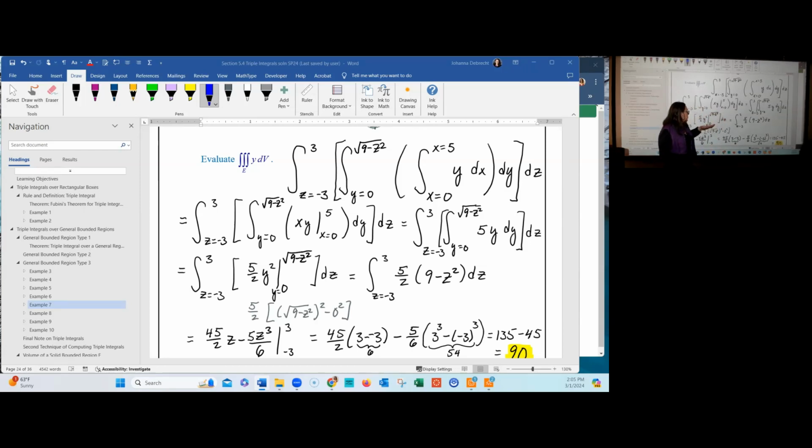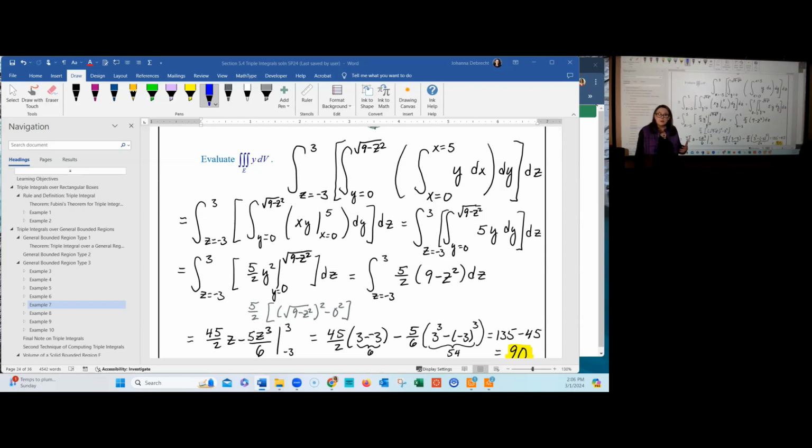In this case, when we integrate, we get 5/2 y squared. And when we evaluate, we get a new integrand of 5/2 times the quantity 9 minus z squared. This becomes the integrand for the outer integral with respect to z from -3 to 3. When we integrate, we get 45/2 z minus 5/6 z cubed. Substituting in the limits of integration and simplifying gives us an end result of 90.